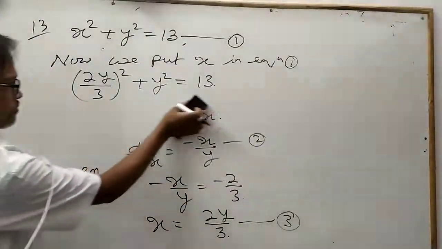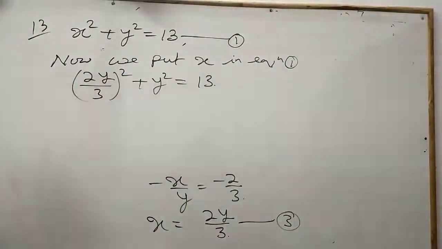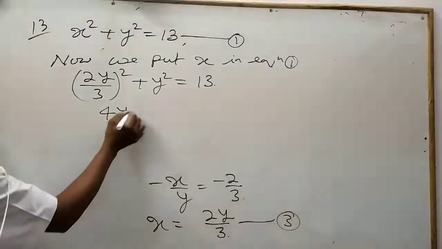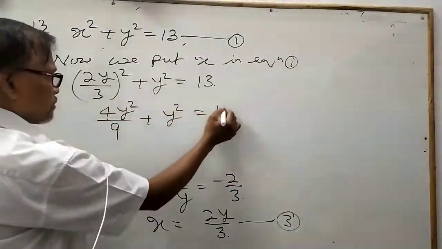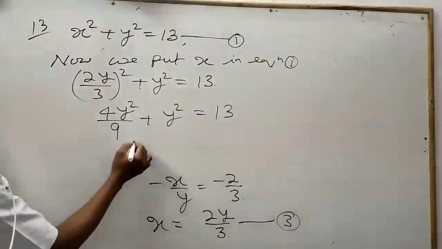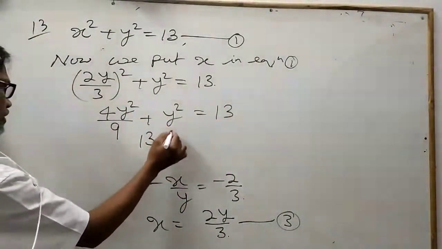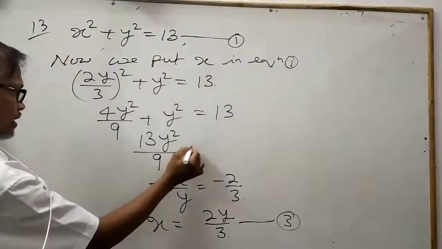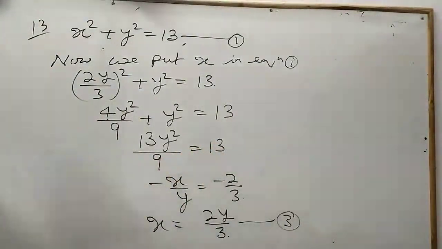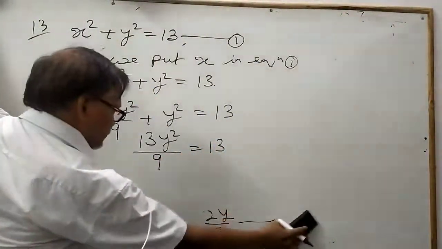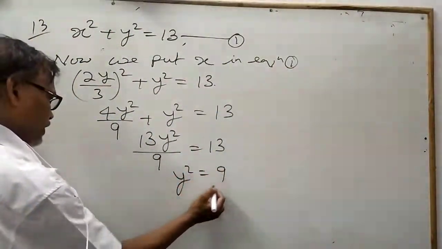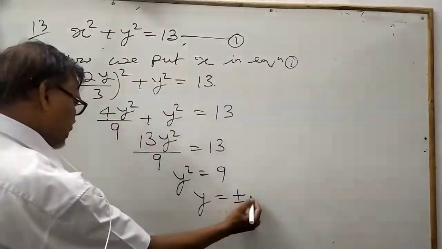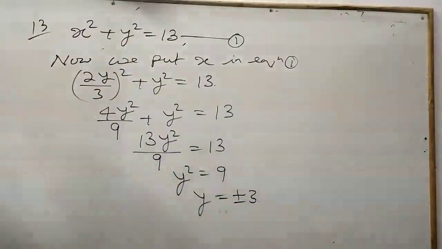Simplify. 4y square, then take LCM, and after taking LCM you will get 13y square by 9 is equal to 30. Then y square is equal to 9 or y is equal to plus minus 3 under root.